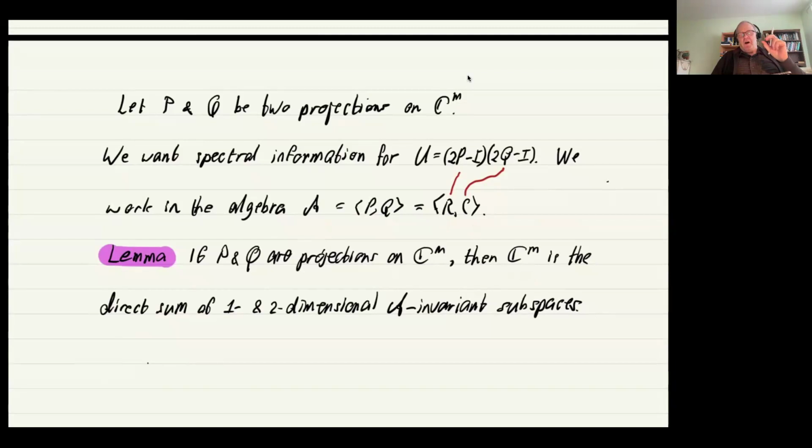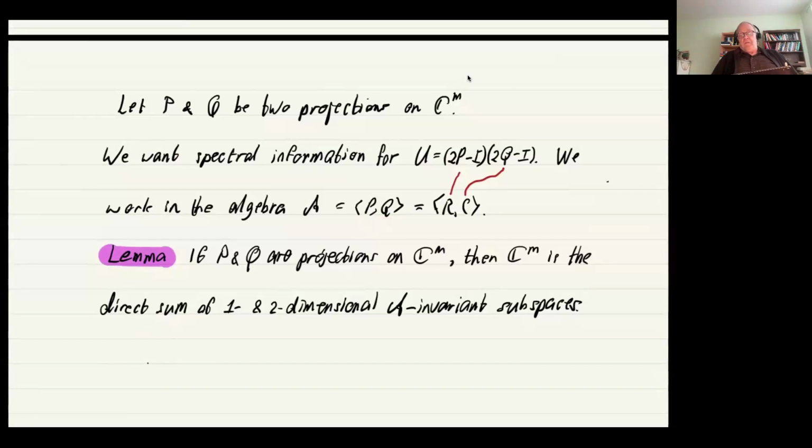Now, we can find eigenvalues of 2 by 2 matrices. That at least is easy. So we'll be able to use that to get the eigenvalues, eigenvectors and multiplicities of U in particular, but more generally of any matrix in this algebra.